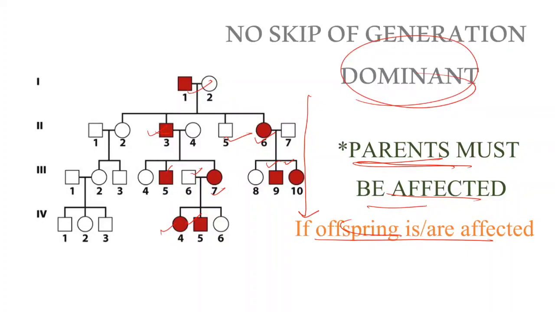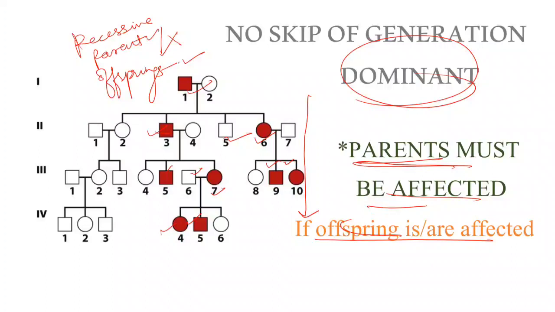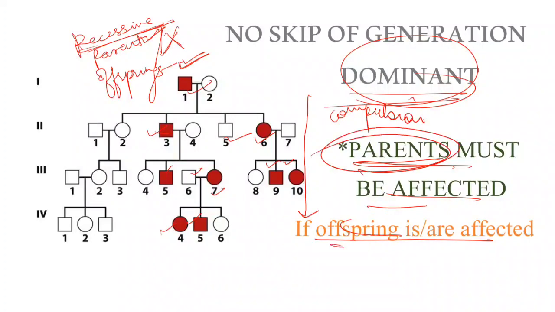But in the case of recessive, the parents can be affected or not affected even if their offspring are affected. In dominant it is compulsory. Just remember, it is compulsory that the parents must be affected if the offspring are affected.